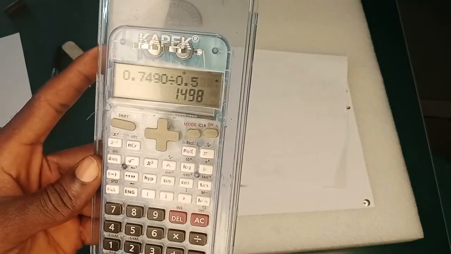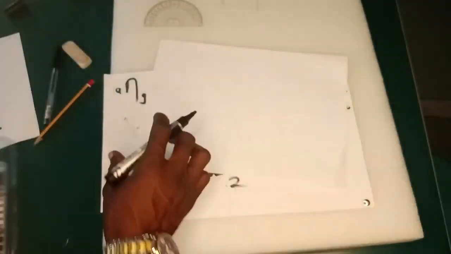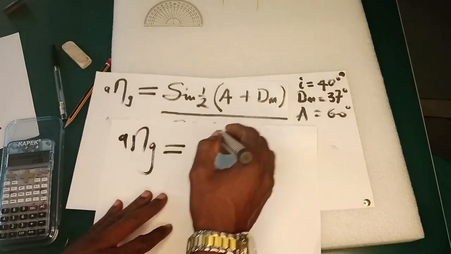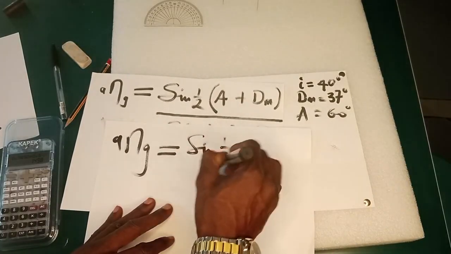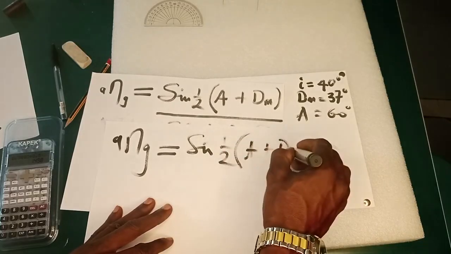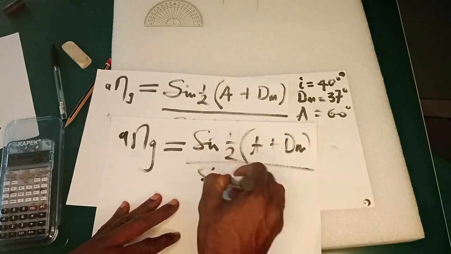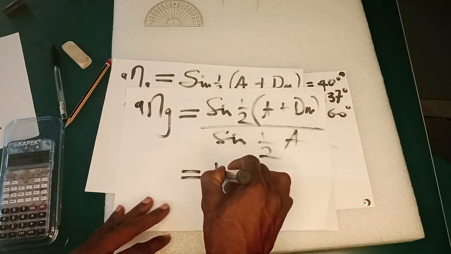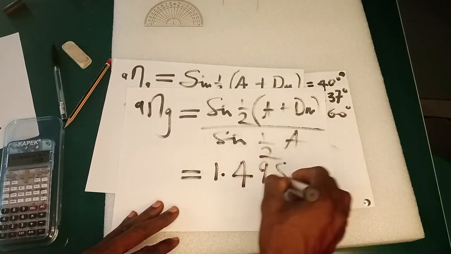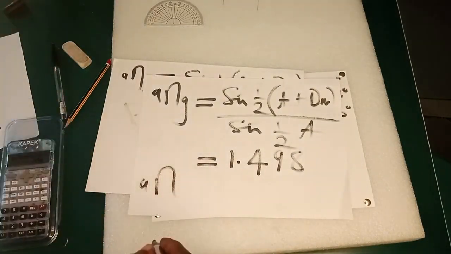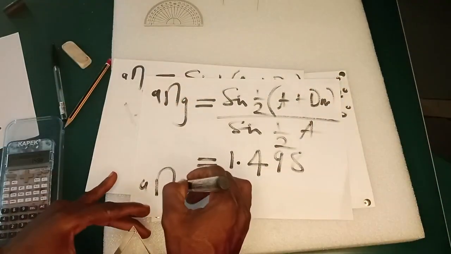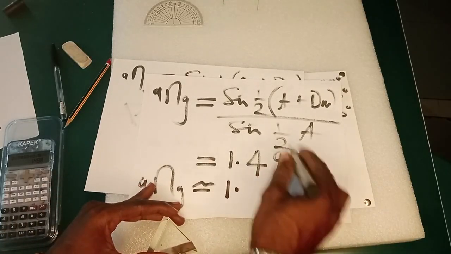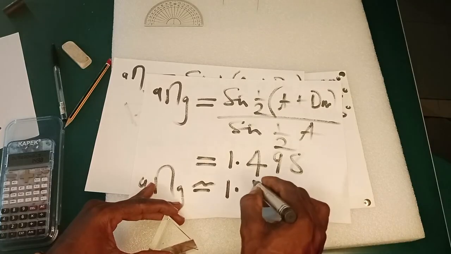We have 1.498. So we have n is equal to sine of 1 over 2 into A plus Dm, divided by sine of 1 over 2 A, and that gave us 1.498. So the refractive index of this glass, approximately to 1 decimal place, we'll round it up, is 1.5 precisely.